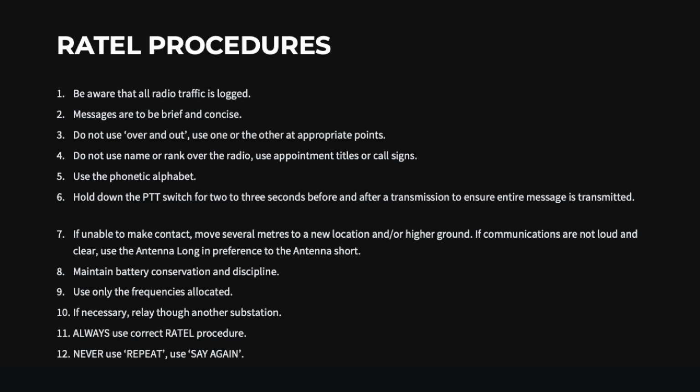This is getting a little bit more complicated, but essentially if you're too far away from, say, headquarters to transmit directly, you can call up other units on the net and ask them to relay your message to headquarters, for example. 11, always use correct RATEL procedure, so everything you've learned here, and also everything that's listed on that document below. And 12, finally, never use repeat, only ever use say again.